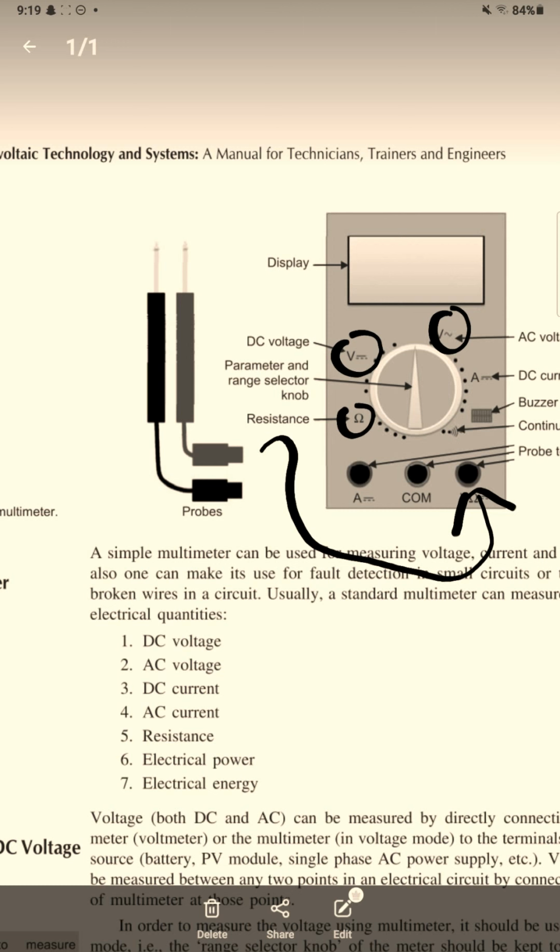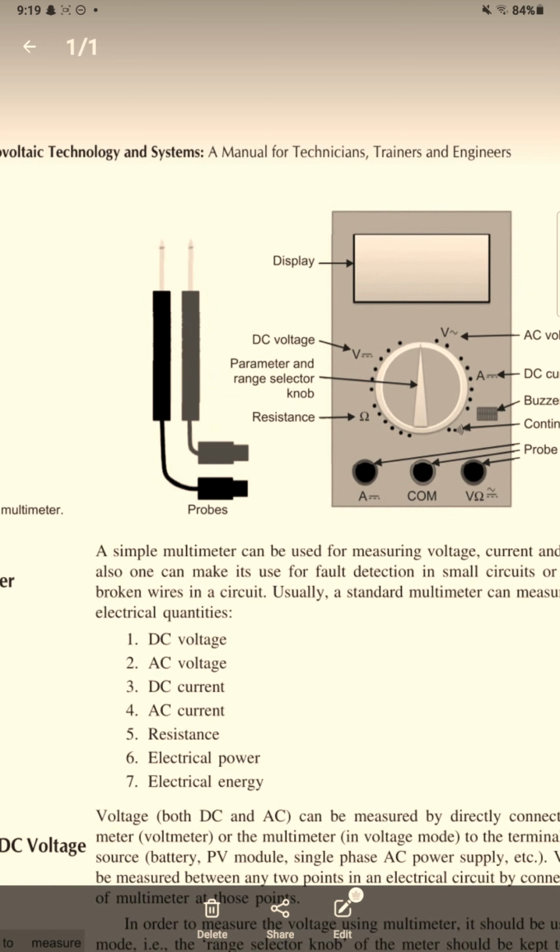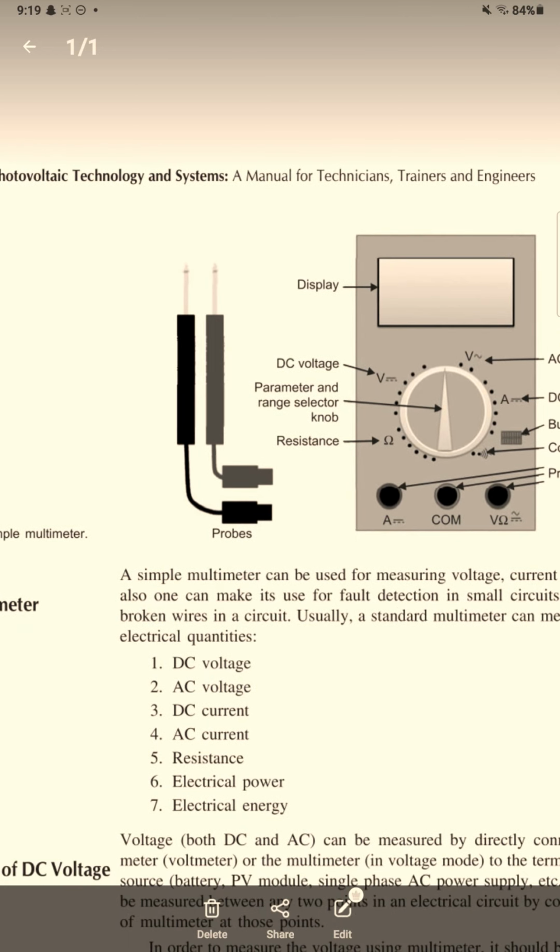Now, what if I want to check the current of any device? Then the probe has to be disconnected from the voltage terminal and connected to this probe terminal. So that means the black probe will always remain in its native position of common, whereas the red probe will switch its places.